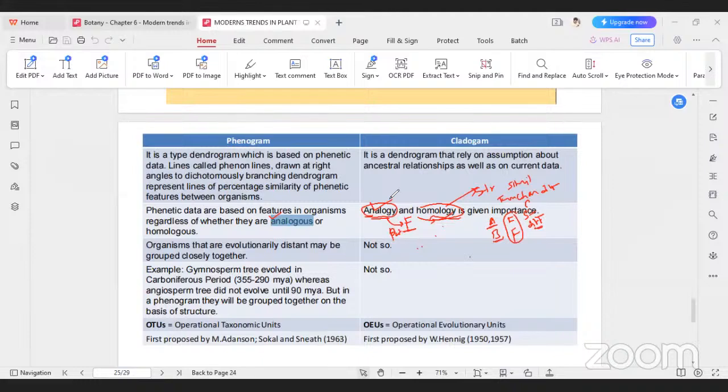The homologous example: homologous means structural similarity, function different.